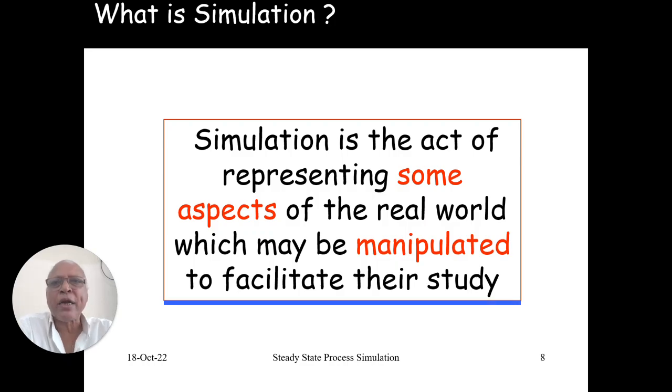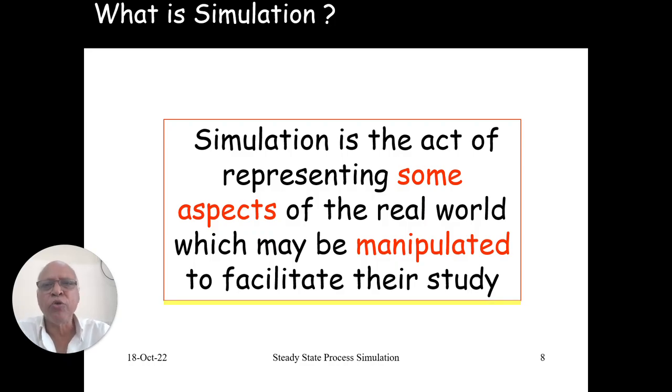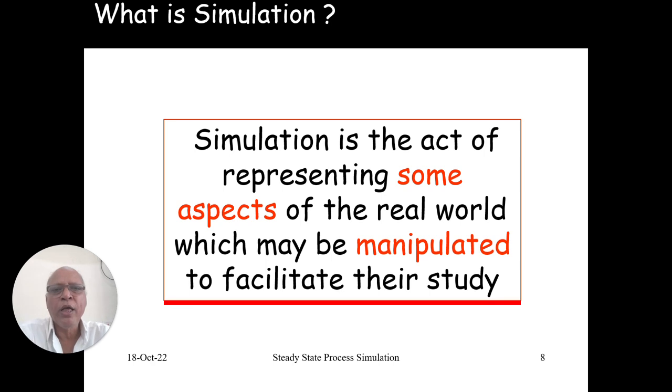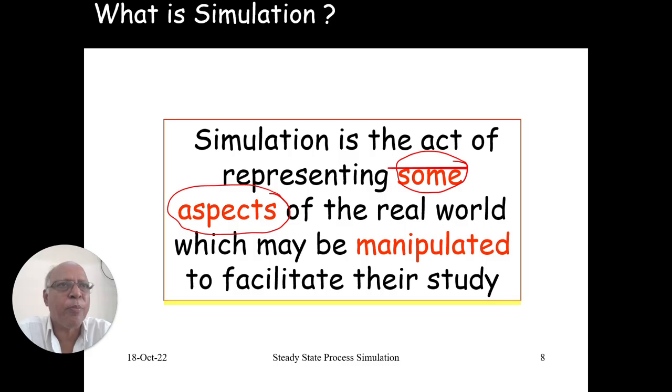Then coming to the part of simulation, just look at this general definition. Simulation is the act of representing some aspects. Please concentrate on this. Why am I restricting myself to only certain aspects? As I said in the previous example, my purpose is to identify the optimum temperature.